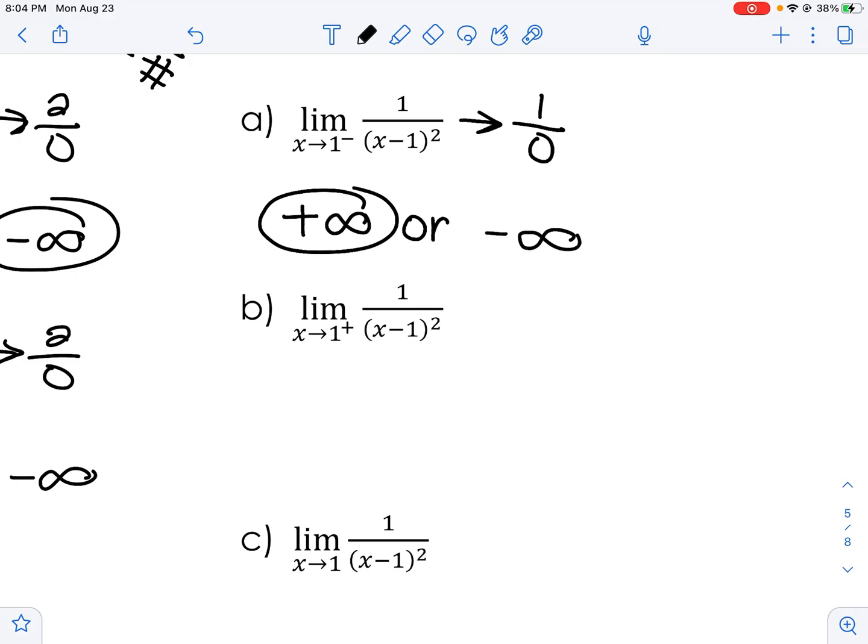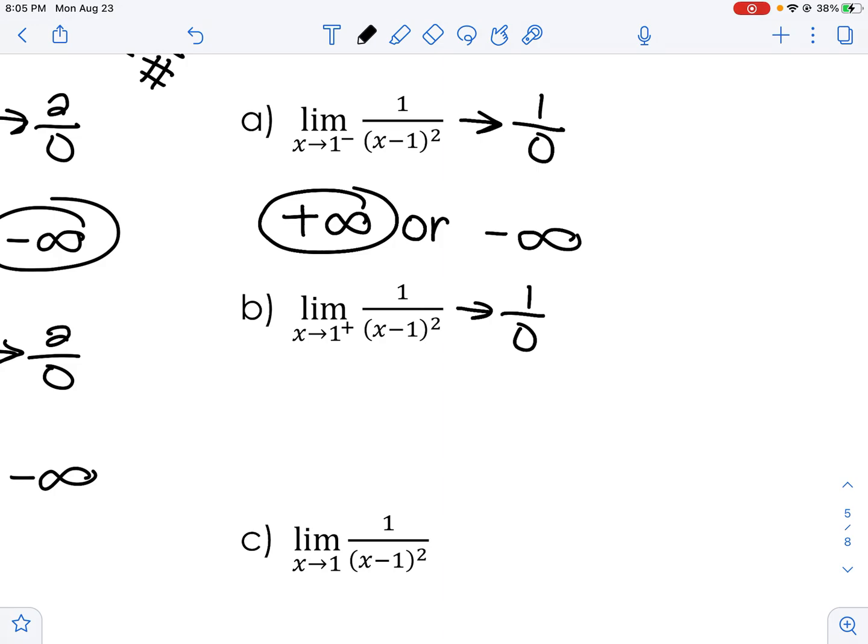Okay, looking at question B, the limit as x approaches +1 of 1/(x minus 1) squared. So again, if I plug in 1, I'm going to get 1/0. So I need to pick a number that is on the right side, so 1.00001.